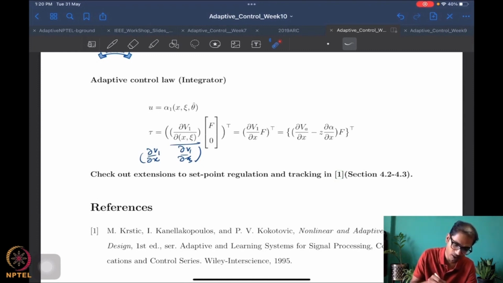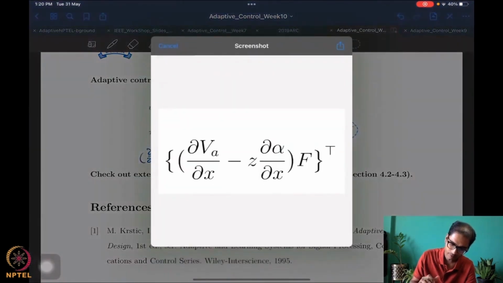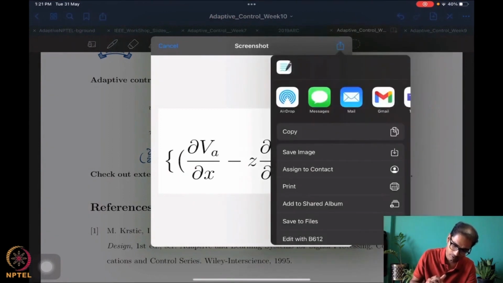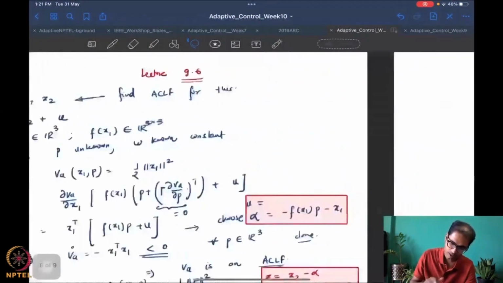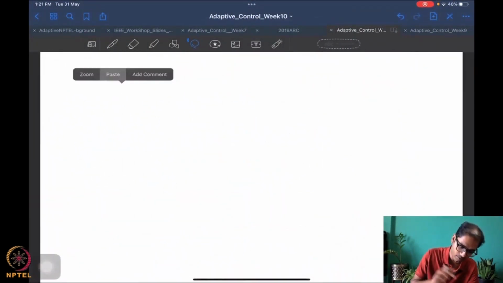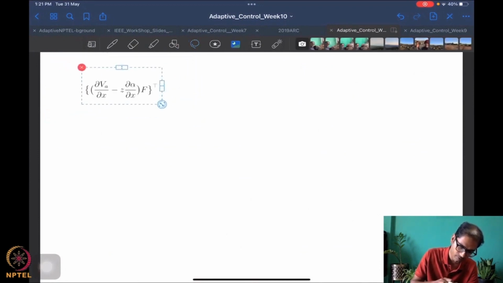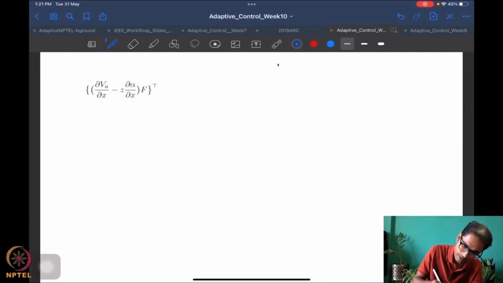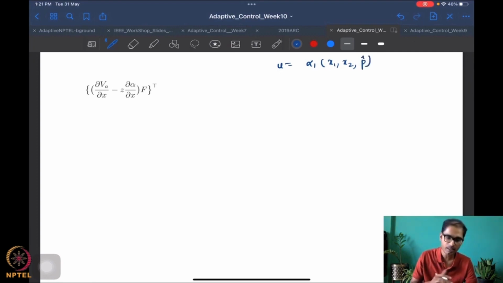So I'm going to just copy this. This is the expression that I'm trying to compute for the tuning function, because my feedback is of course alpha 1 of x1, x2 and p hat. So I replace p by p hat everywhere.